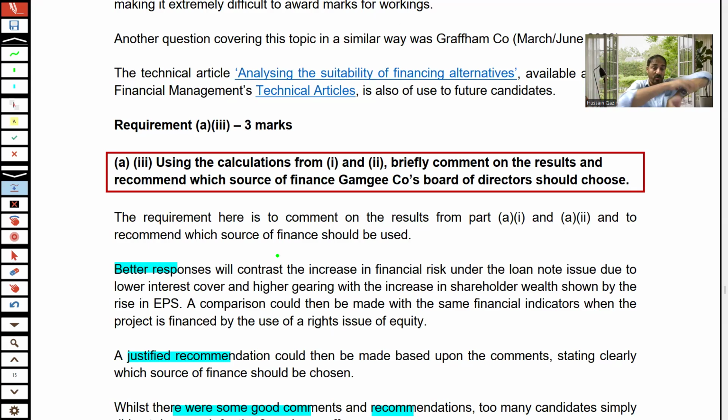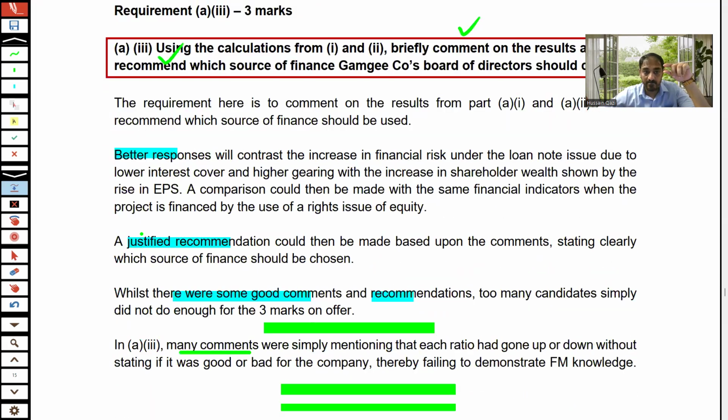So what does the examiner report highlight here? Whatever comment and recommendation we covered previously, here the examiner mentioned, number one: a better response will contrast the increase in financial risk under loan note issue due to interest cover and high gearing with increased shareholder wealth. Compare it.